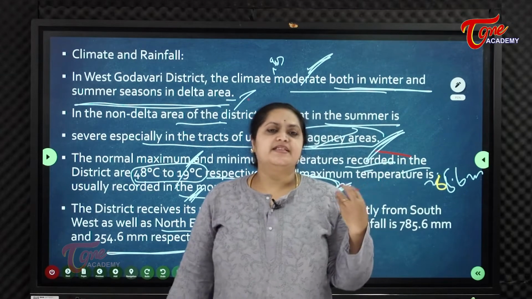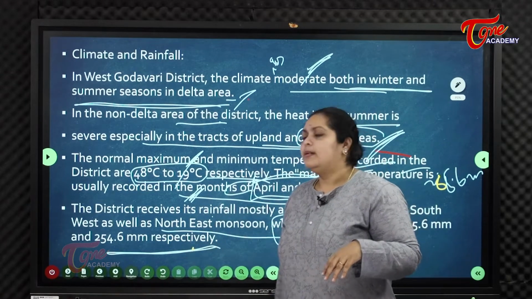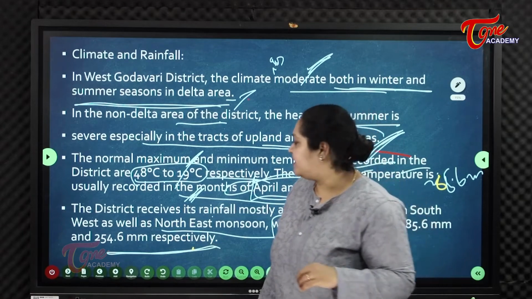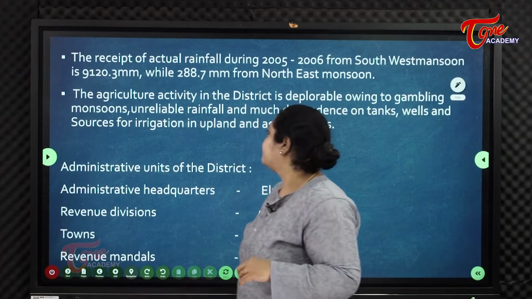Normal rainfall, on average, is 785.6 mm from the southwest monsoon and 254.6 mm from the northeast monsoon.